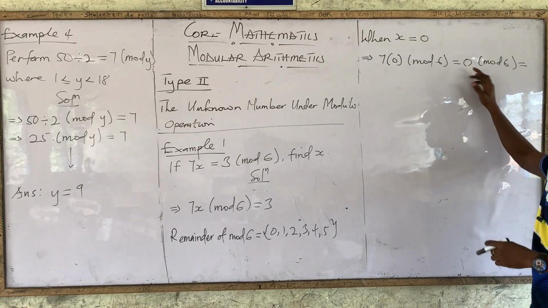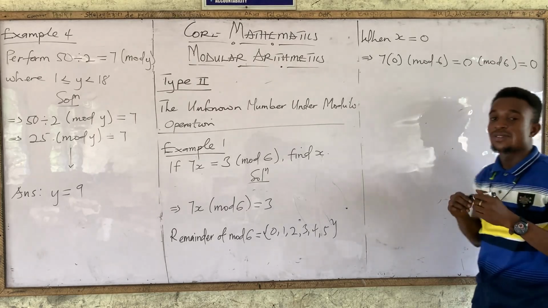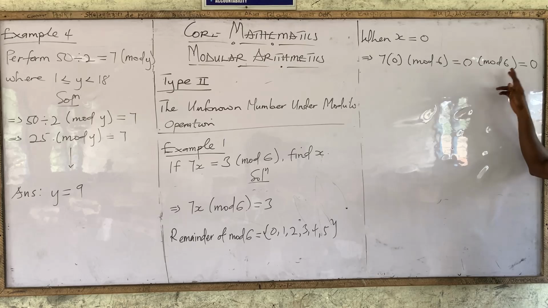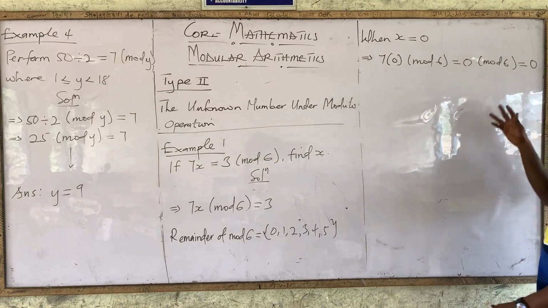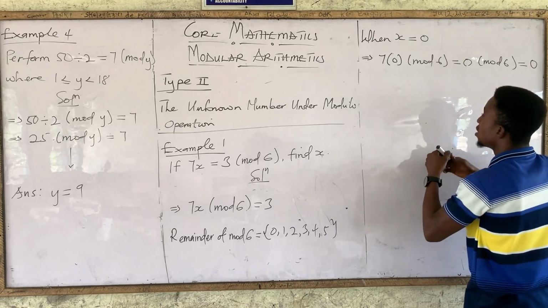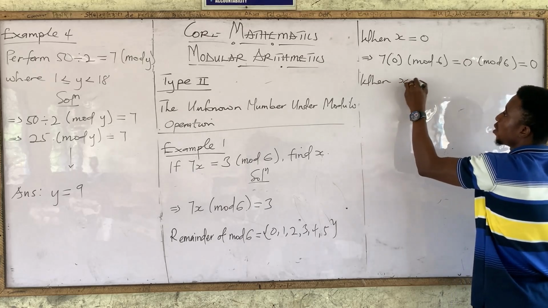If I have 0 in mod 6, the answer is 0, because 0 is less than the mod number. How many 6s can we get from 0? That is 0. Then what is left is 0.